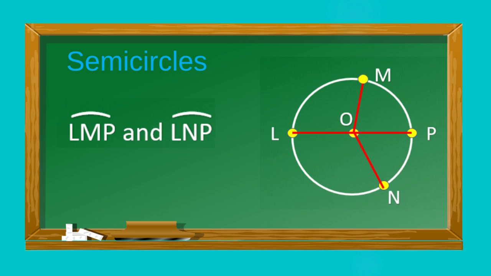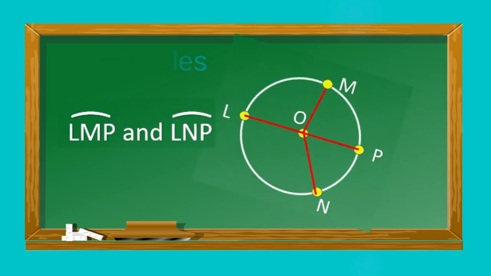Then you are going to name these arcs using 3 points. So we have arc LMP or PML, and the other one is arc LNP or arc PNL. In the semicircles, there are 2 arcs that are equal in measure.